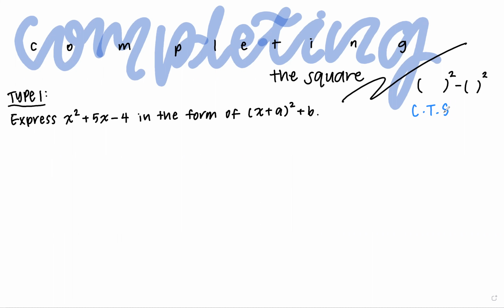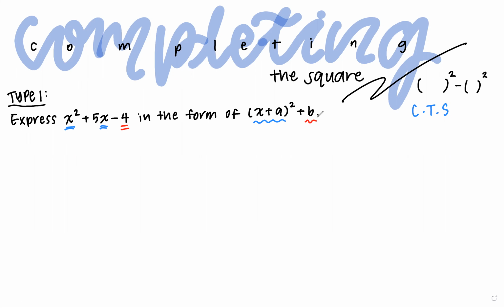And why is completing the square so important? Because guys, can you look here? We have an x term and a constant. What completing the square does is that it brings all the square terms into the bracket. I repeat, completing the square brings all the square terms into the bracket, and all you are left with outside is just a constant term.